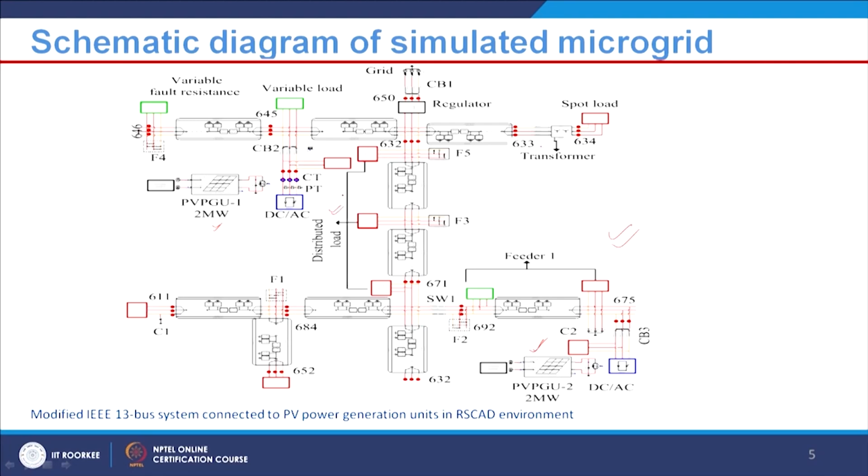This microgrid system has the main grid, and it is simulated using the RSCAD software present in the real time digital simulator, RTDS, just like PSCAD. Using RSCAD we simulated the IEEE 13 bus system to realize the technique.